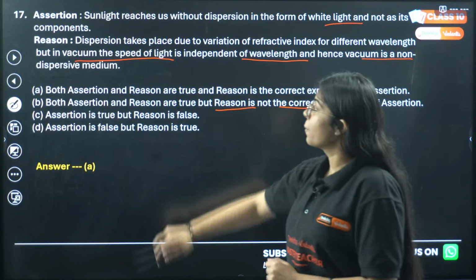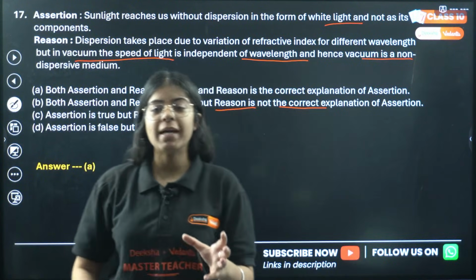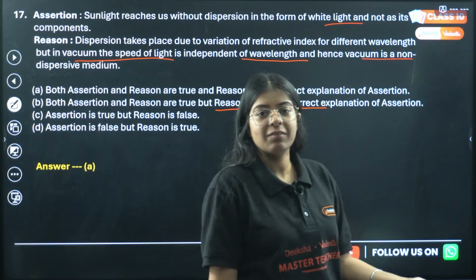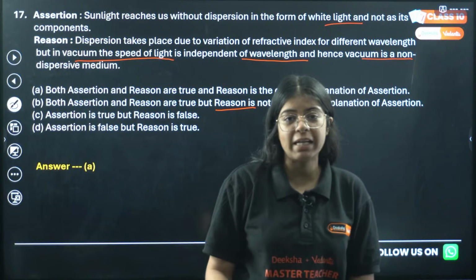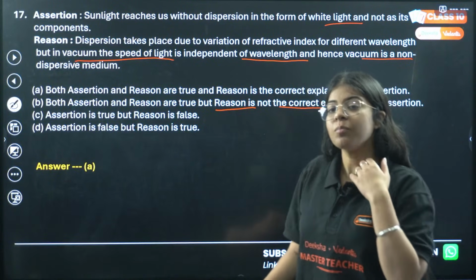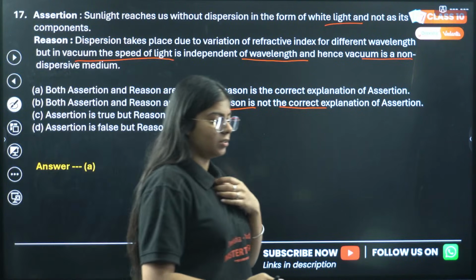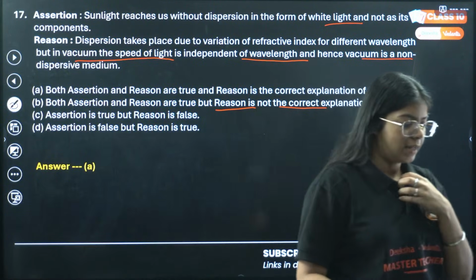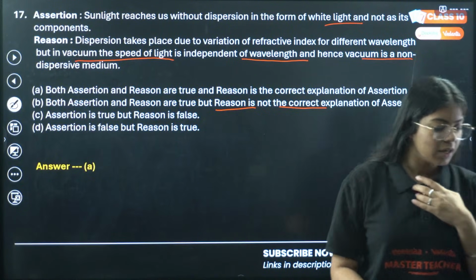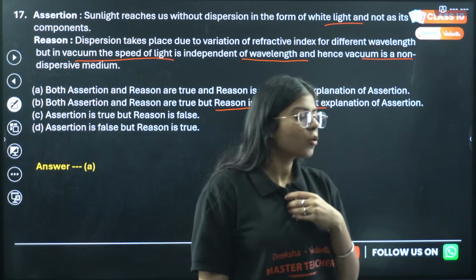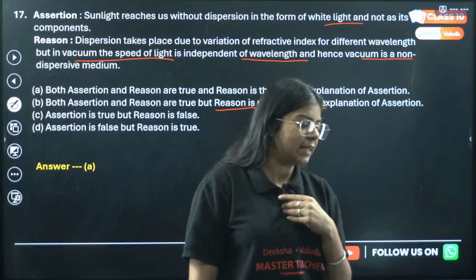It's actually A. Dispersion does not take place in vacuum because in vacuum there are no different refractive indexes, because there is no change in medium, correct? So in vacuum the white light does not disperse into 7 colors. So it's actually option A. Trave is correct. Okay? Understood? No medium, no dispersion, exactly.